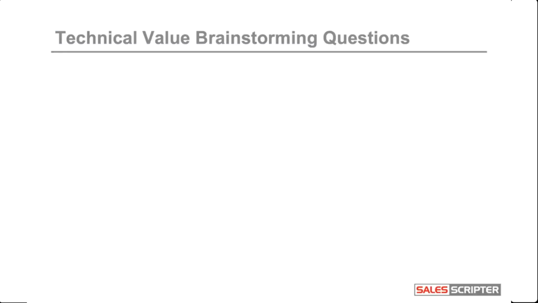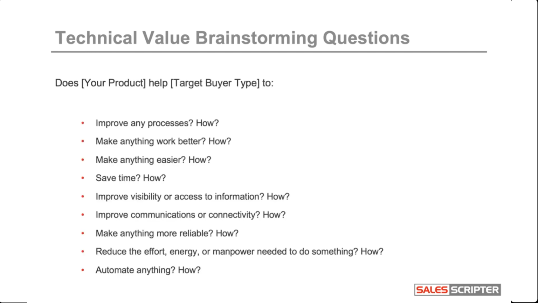Now, you may go through that and you may be able to think of your 3 or 4 or 5 different benefits and build your sales message, and that's great. If you have trouble with that, or if you want more help brainstorming, here are some questions that you can ask yourself. And so there's questions for each level of value. So here's some technical value brainstorming questions. I'm not going to read through all of these. You can copy these down from the recording or get the slides.